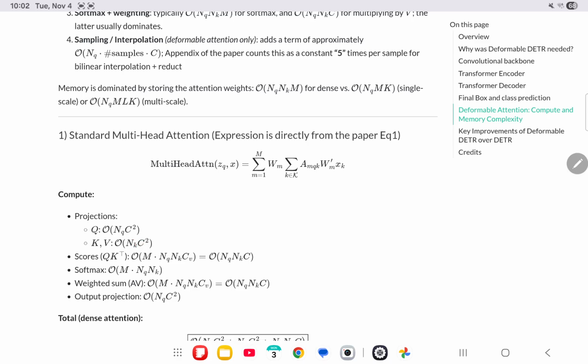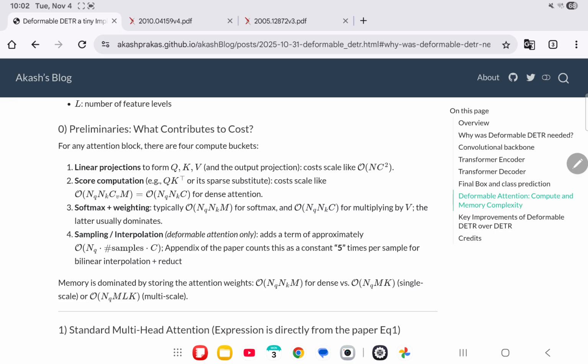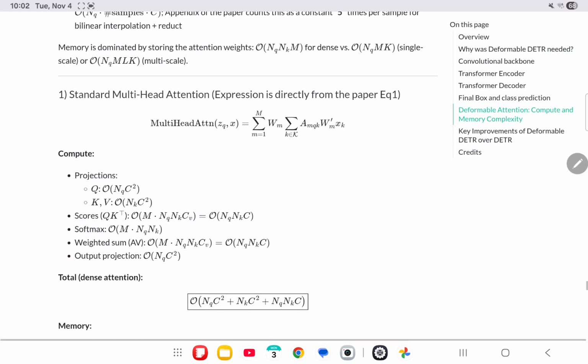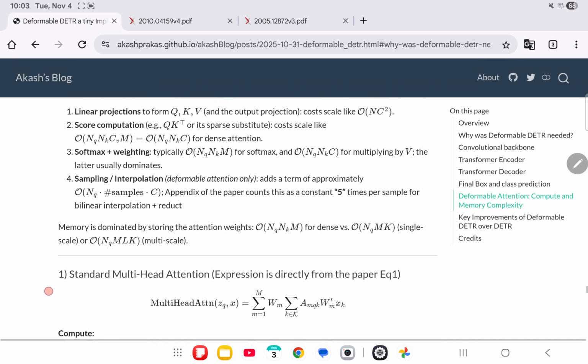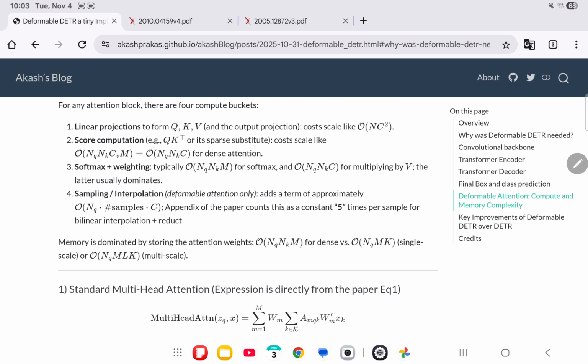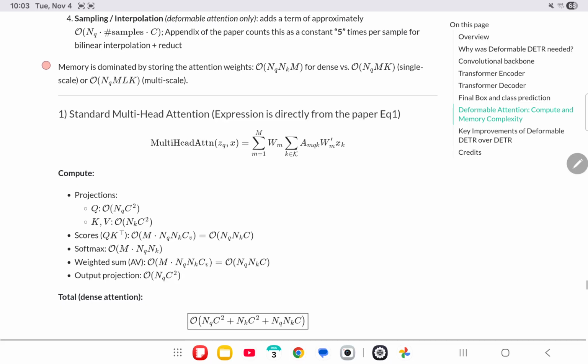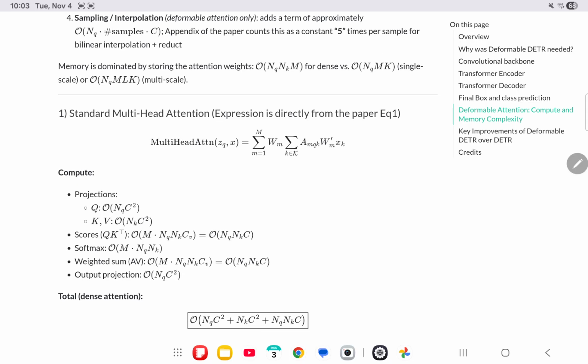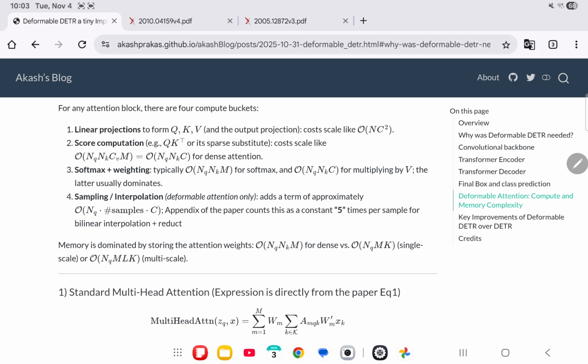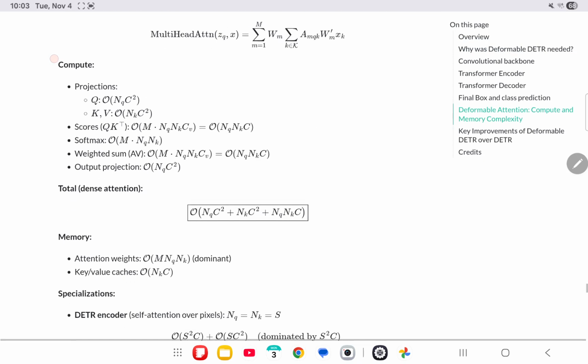The scores are N_q N_k C, the softmax is M N_q N_k, and then there is the softmax score multiplied finally by V. C will be much larger than M, so that will be the dominant term there.